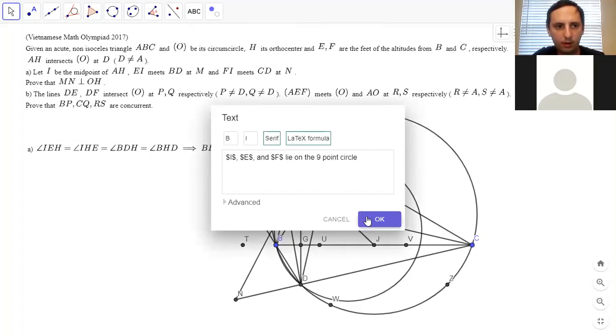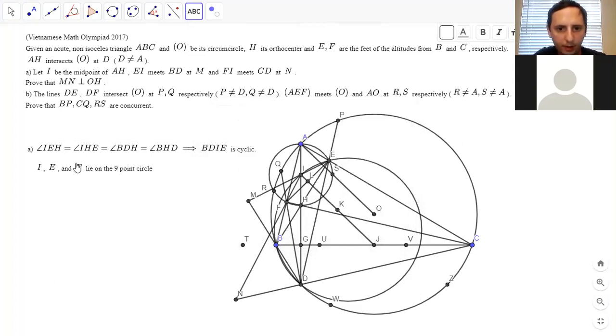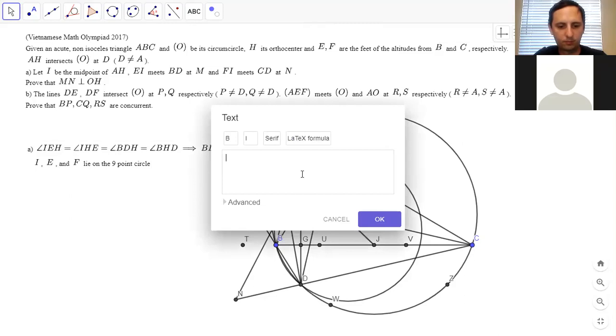And then we have MI times ME is MB times MD. So that means that M lies on the radical axis.